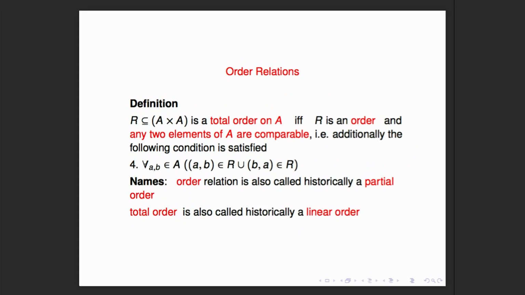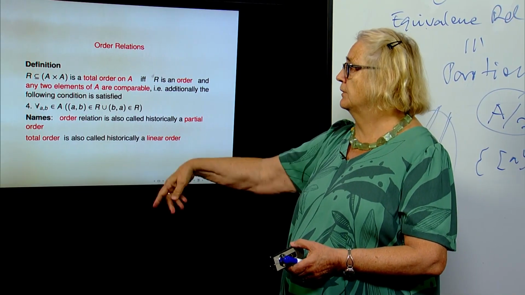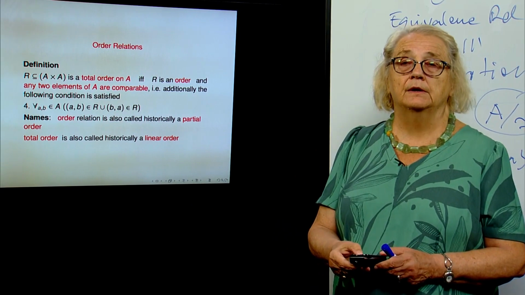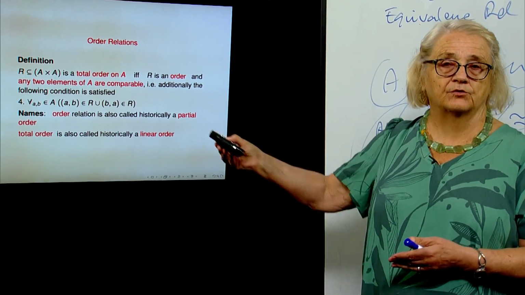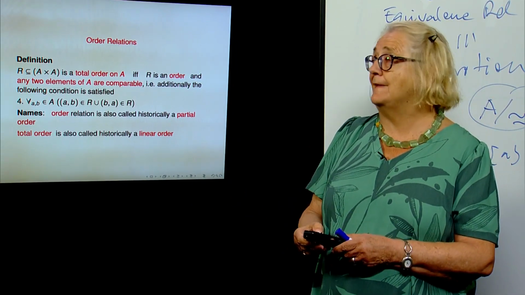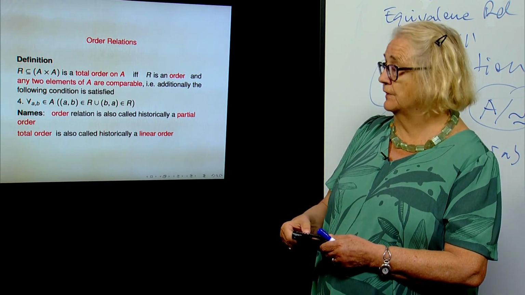And we also say that the relation is a total order, or just order, if any two elements are comparable, so you have also the fourth condition. The order relation is historically called partial order, and the total order is called linear order. So just for you to know that there are two different names for those two types of relations.